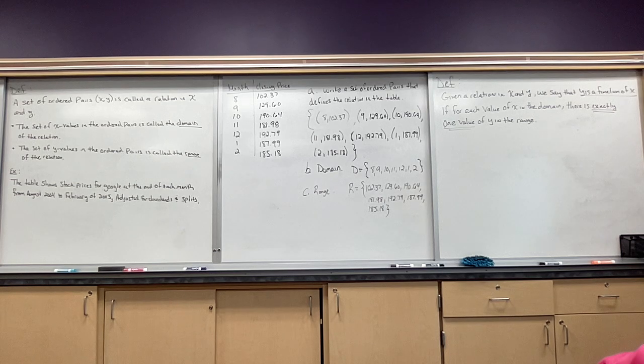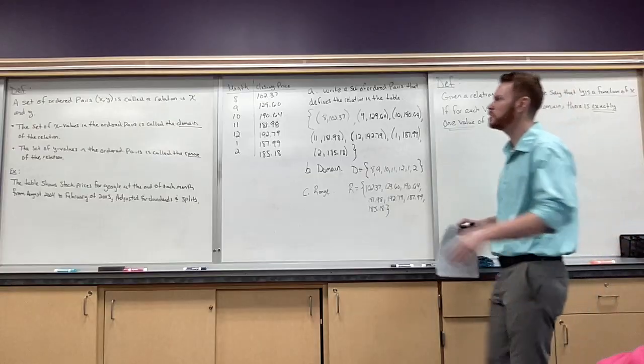Now, why does that matter in the math realm? Well, think about something for a second. That 8 in that table represents the month of August, and the closing price for the stock is $102.37. Is there another month of August that has a different closing price for Google? No, right? It doesn't make sense.